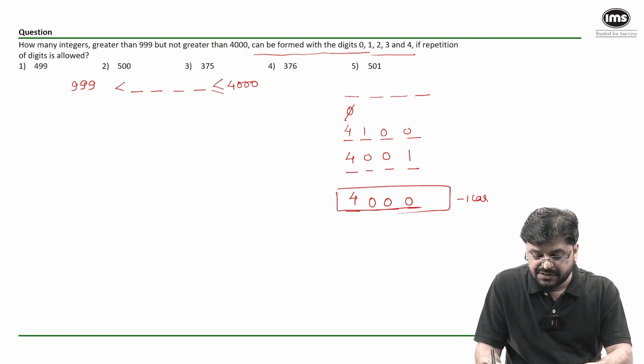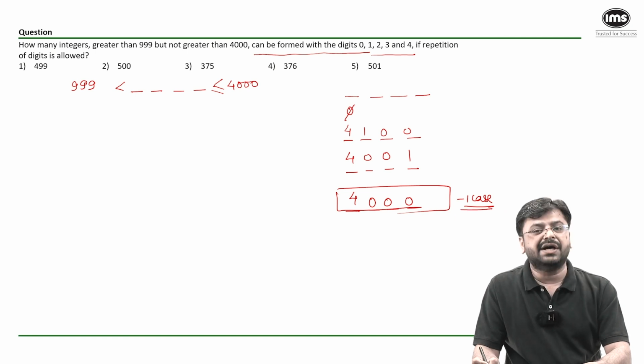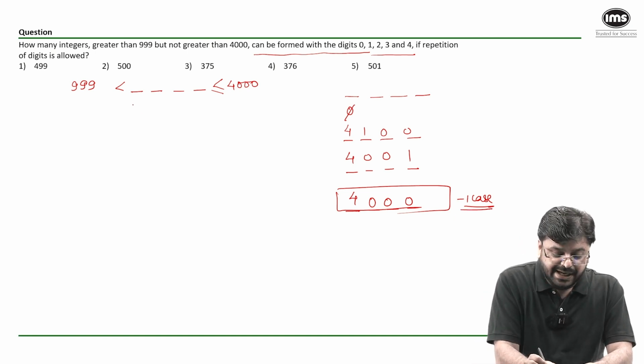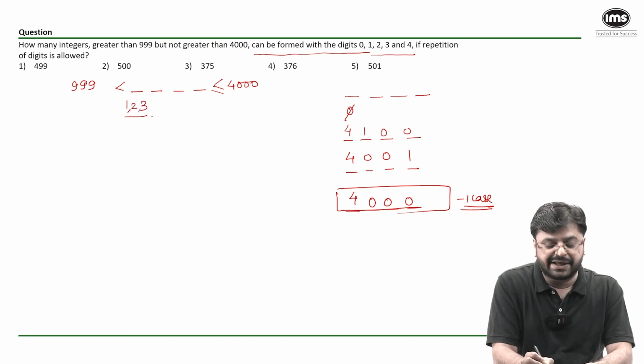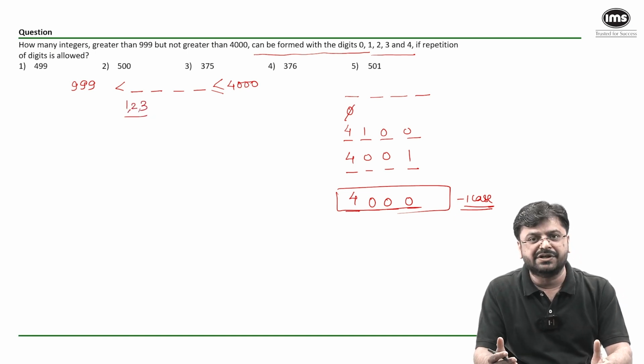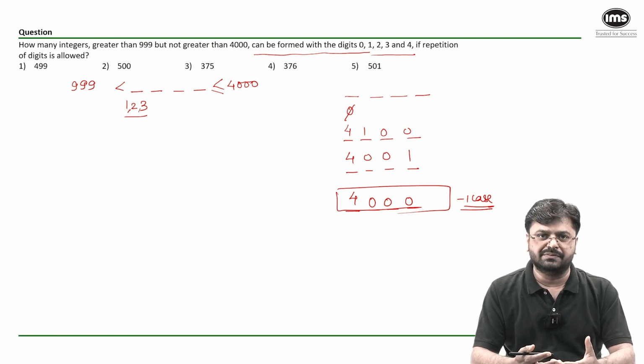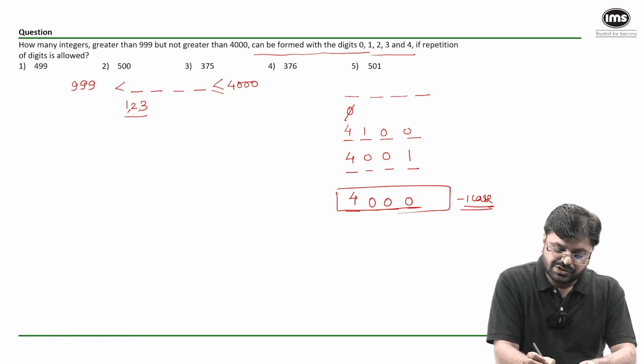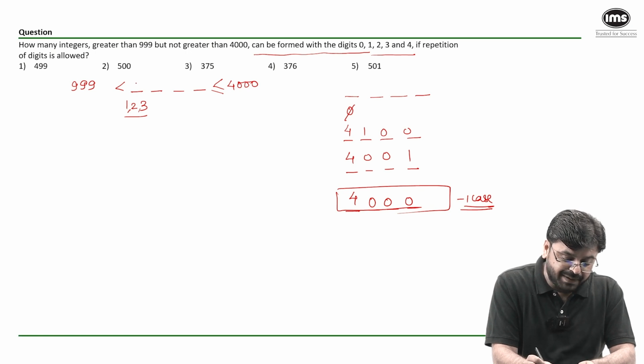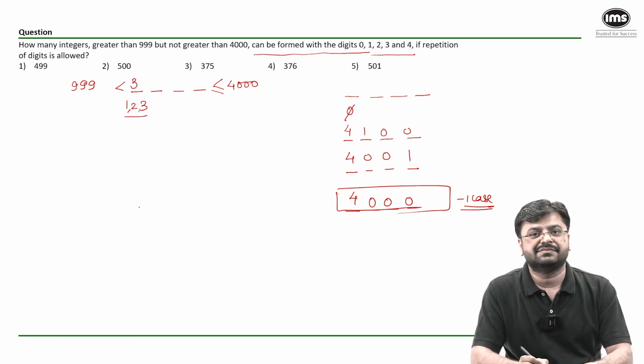In all other cases, the digit at the 1000 place can be 1 or 2 or 3. It cannot be 0, otherwise it will not be a 4-digit number. It cannot be 4, otherwise it will be more than 4,000, except this case. So the 1000 place can be filled in 3 different ways.